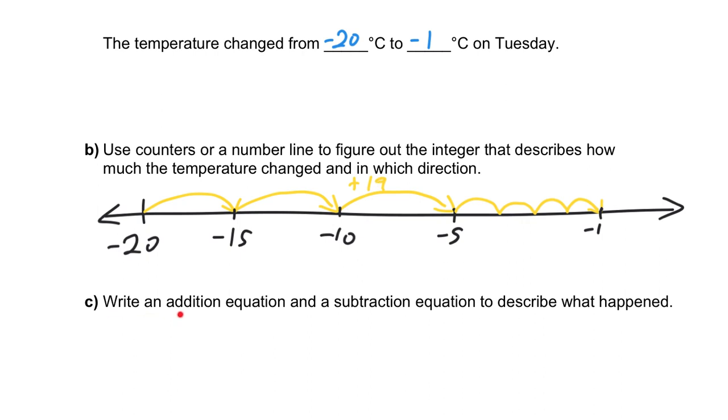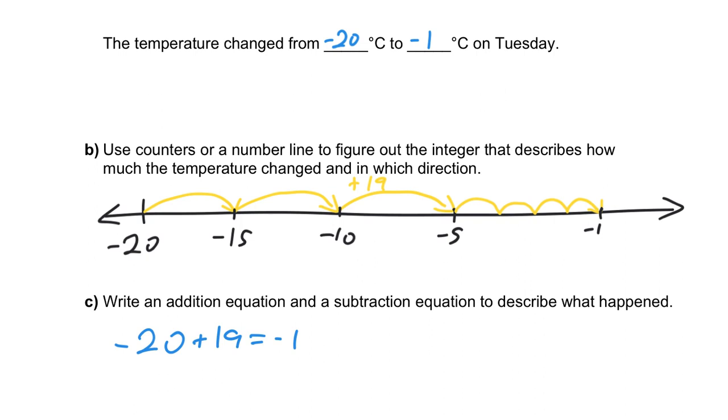Next it says write an addition equation and a subtraction equation to describe what happened. One way to read this number line is to say that we started at negative 20, then we added 19, and we got to negative 1. Another way we can look at it is that we want to know the difference between negative 20 and negative 1.